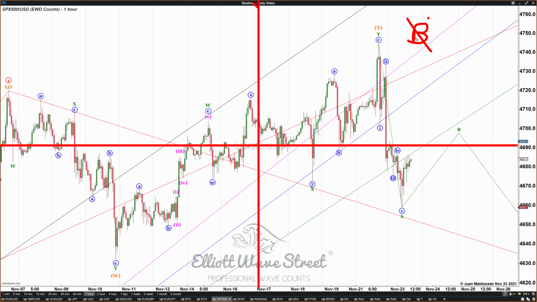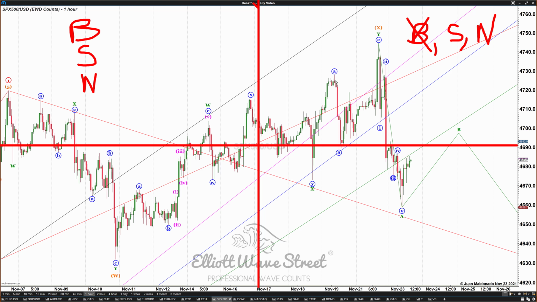So in trading, we can buy, we can sell, and we can do nothing. Those are the 3 decisions that we can make. So buying is not an option in this area. So we can sell or we can do nothing.